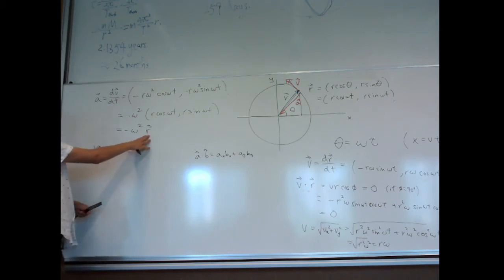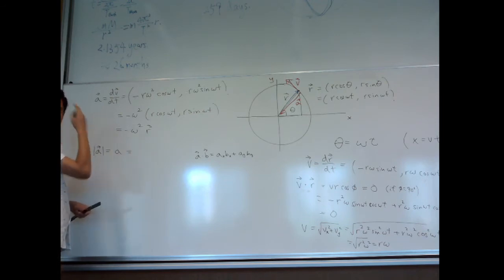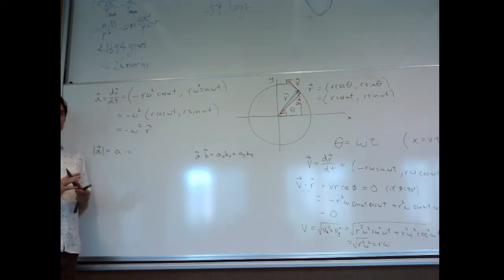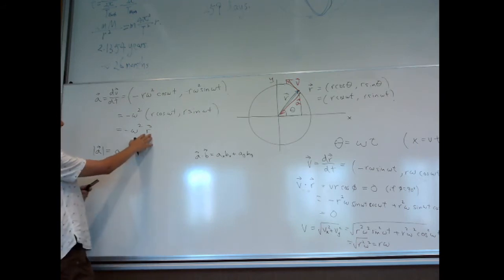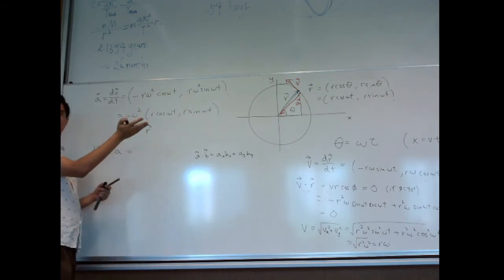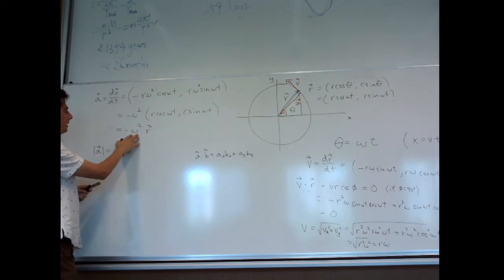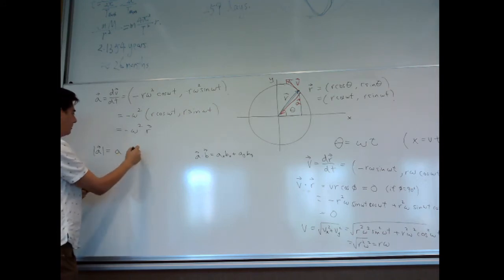What's the magnitude of the R vector? So the magnitude of the R vector is just R, right? And so I think what you're saying is R squared.